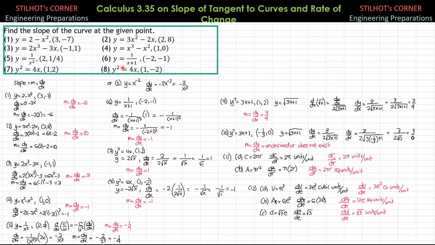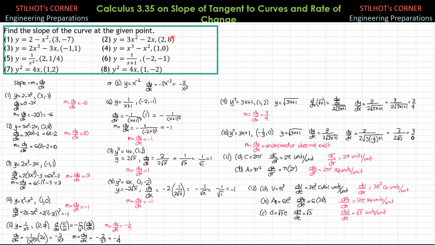Problem 4. This is problem 4. Take note that if you check the given points, they lie on the curve by simply substituting values. For instance, 1 cubed is 1 minus 1 squared is 1, so 1 minus 1 is 0. For 2x cubed, 2 times negative 1 cubed, negative 2, minus 3 times negative 1, so negative 2 plus 3 is 1.